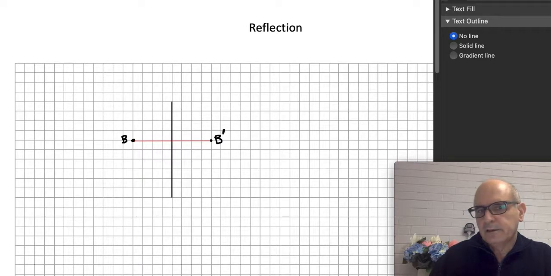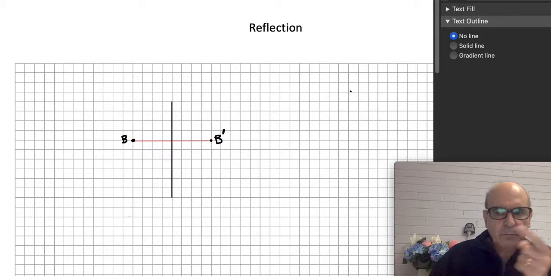We put that little line over that, and we read it as B prime or B dash. So B prime is the reflection of B in this line. So that is for reflection of a point.